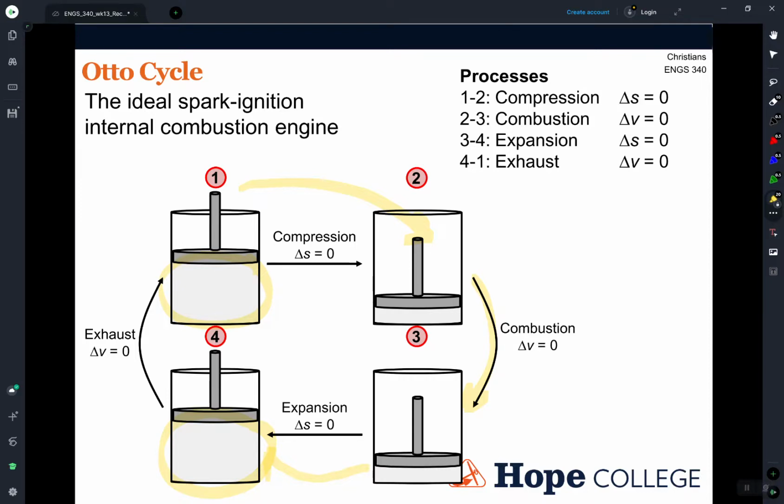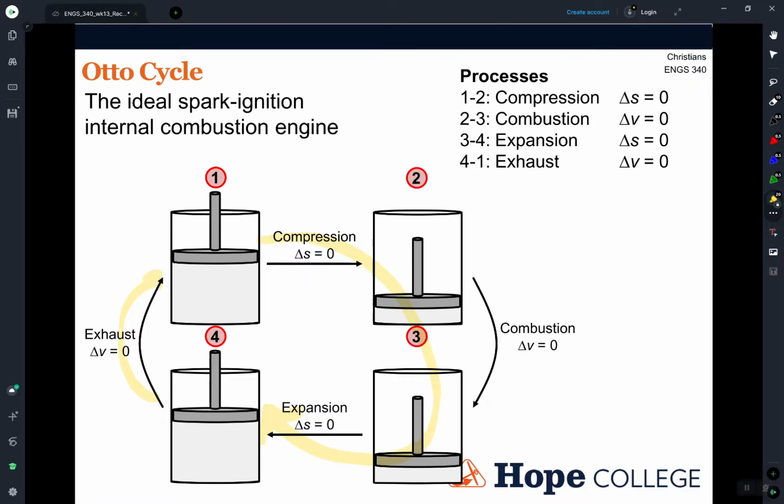So if you think of what's happening with the piston, if I just erase my scribbles here, it's going down, up. So down, up one time. And then from here, 4 to 1, it's going down to push out the exhaust gases.